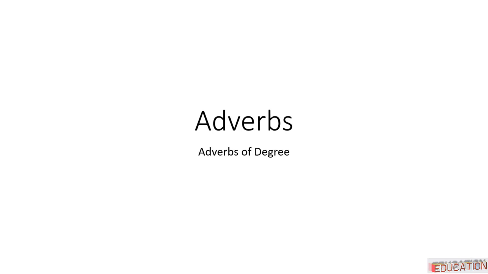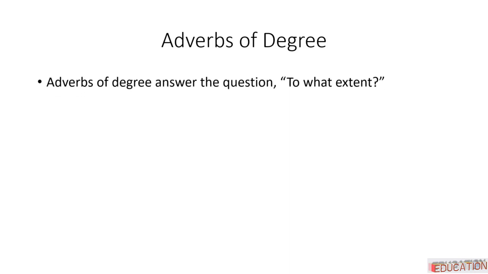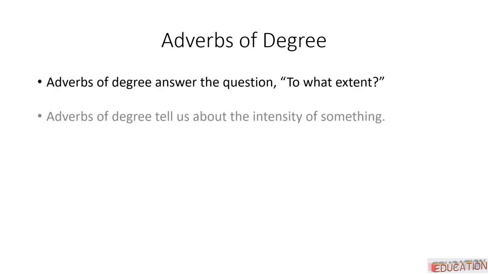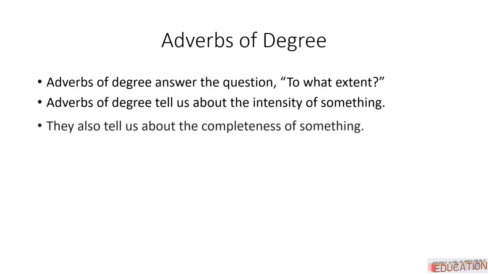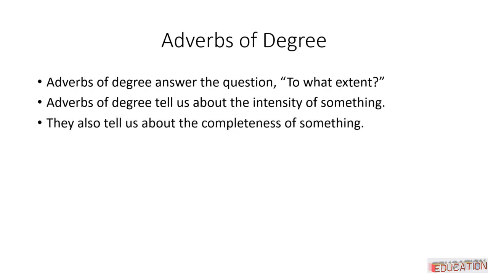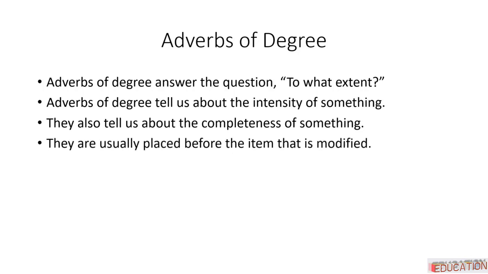This lesson is all about adverbs of degree. So adverbs of degree answer the question, to what extent? So they tell us about the intensity or extent of something. And adverbs of degree also tell us about the completeness of something. And they're usually placed before the item that is modified.